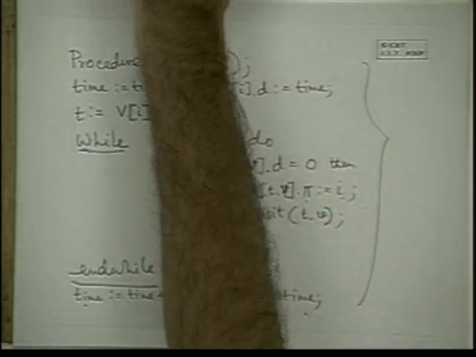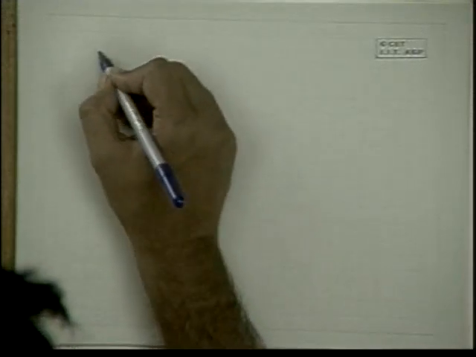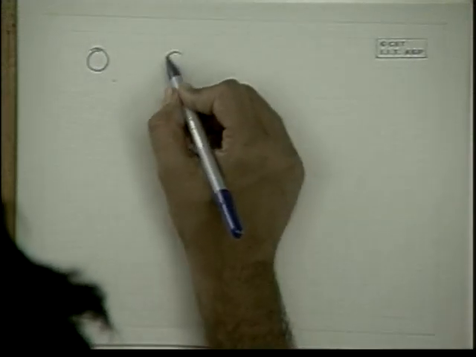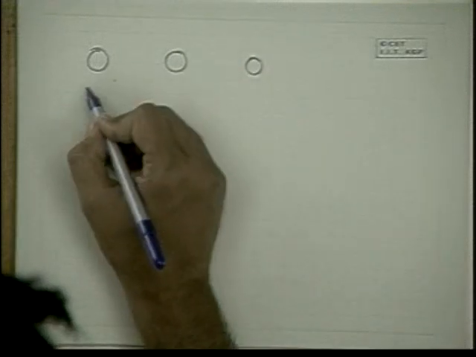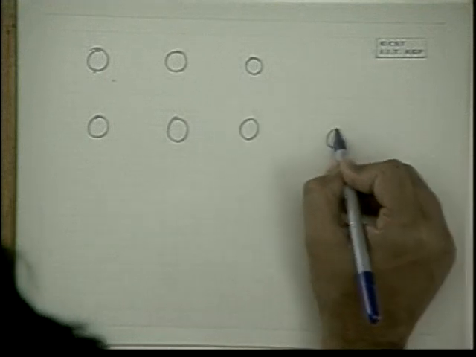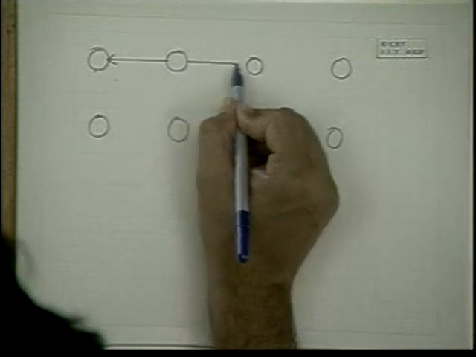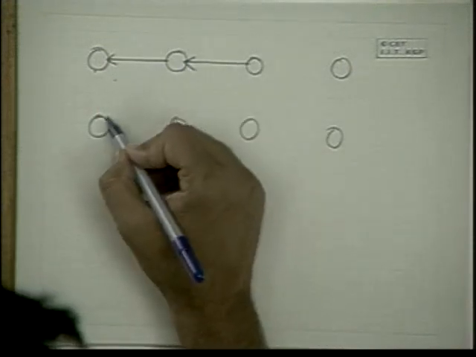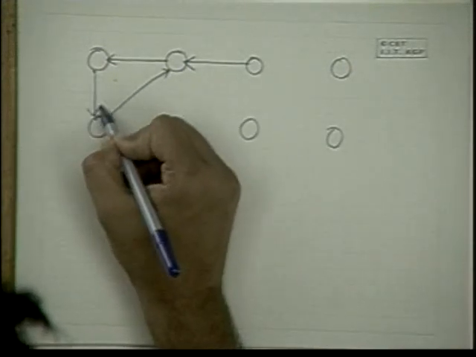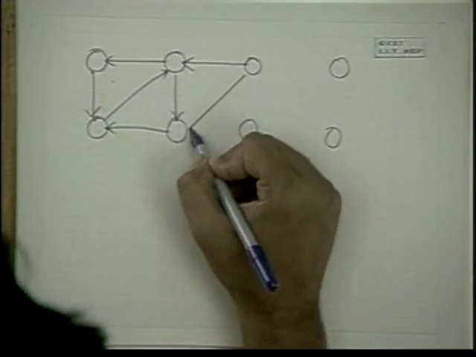Now let me take an example and show you how the d and f values of the nodes are initialized by this algorithm. I will be assuming a directed graph, so let me just draw one as an example.